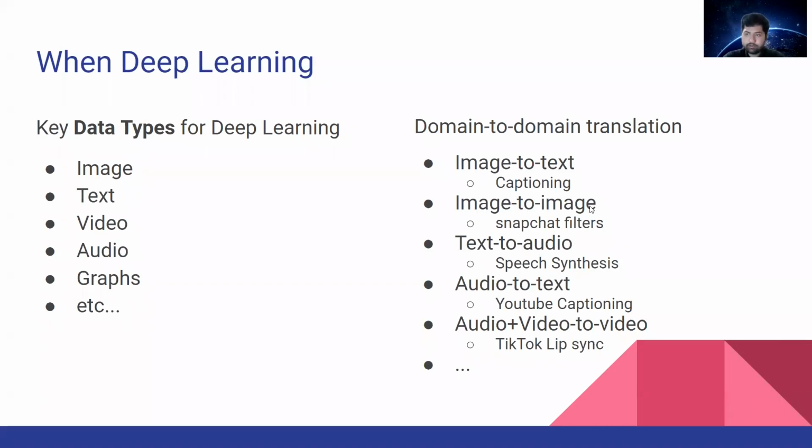Similarly, image to image, if you have used Snapchat filters. Text to audio is usually used in speech synthesis applications. Audio to text, an example is the YouTube caption generator. If you have seen videos where YouTube generates captions, those are generated by these algorithms which take audio input and produce text output.